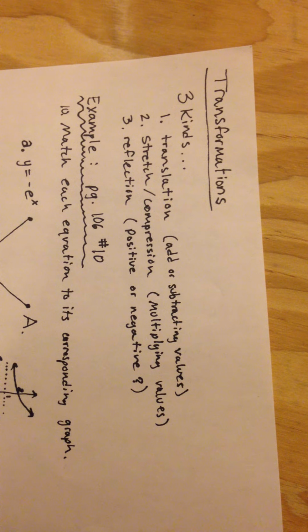And reflection is whether it's reflected over the x or the y axis. You can find the translation because the numbers are added or subtracted values, and the stretch or the compression are multiplied values, and the reflection you can tell by whether it's positive or negative.